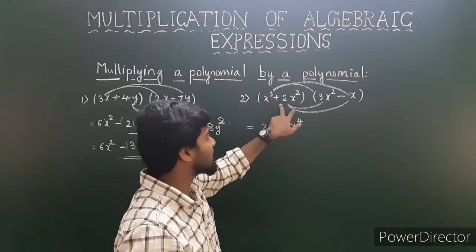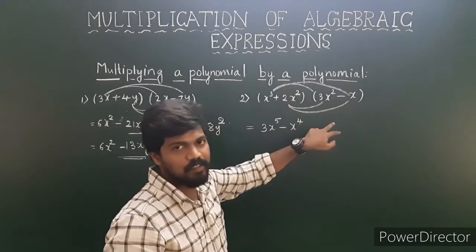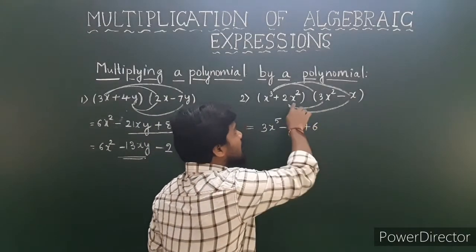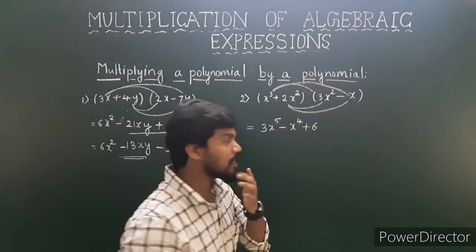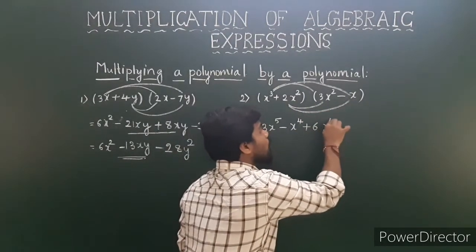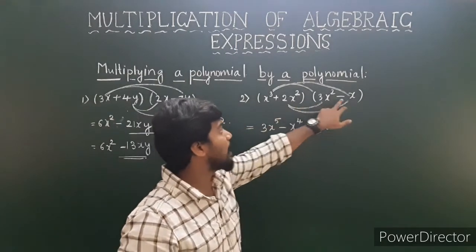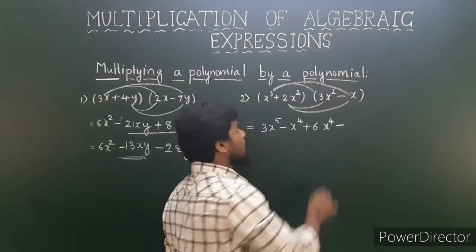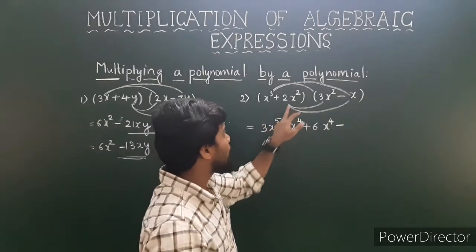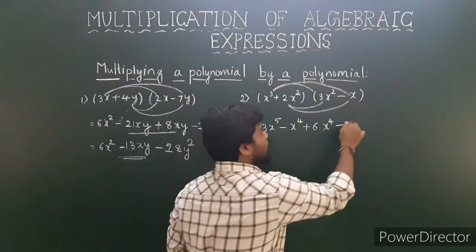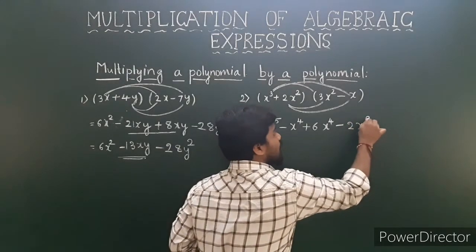Here 2x square into 3x square, you get 2 3s are 6, x square into x square, you get x to the power 4. So plus into plus. Now plus into minus, 2x square into x, you get 2x to the power 3.